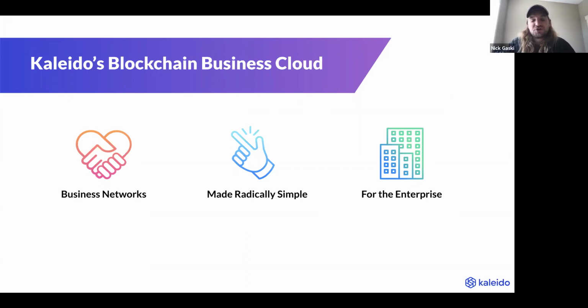You'll see this as Jim walks you through the platform, but if you've used Kaleido in the past, either the interface or our APIs, you'll understand that we've made it very intuitive for admin users, but also for developers at the programmatic level, giving you a REST API for every single CRUD operation that's available on the platform. And the third one, which is critically important, is that everything we build, we build through the lens of the enterprise.